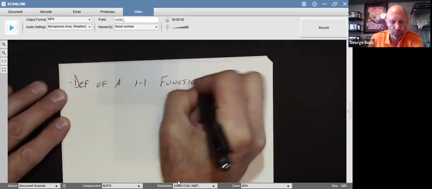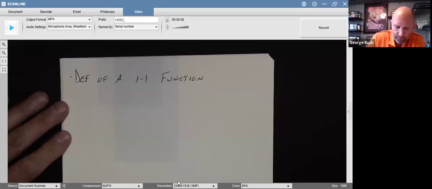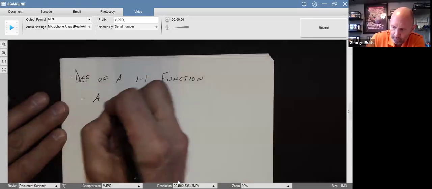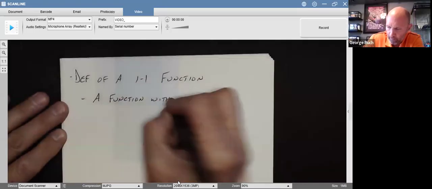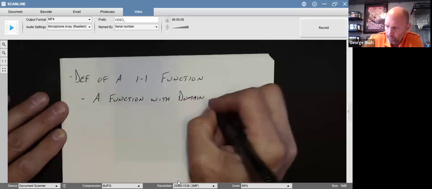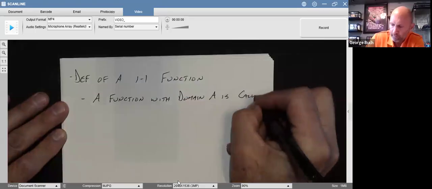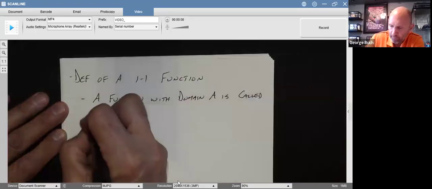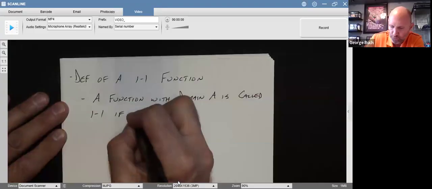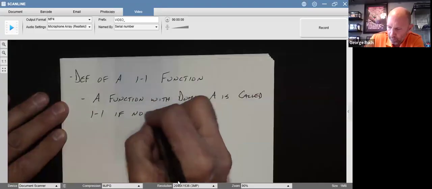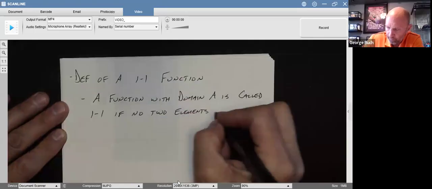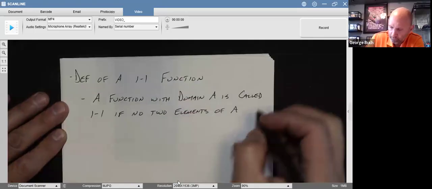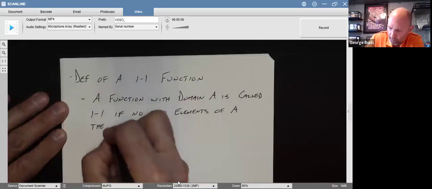So our definition of a 1-to-1 function is that a function with domain A is called 1-to-1 if no two elements of A have the same output.